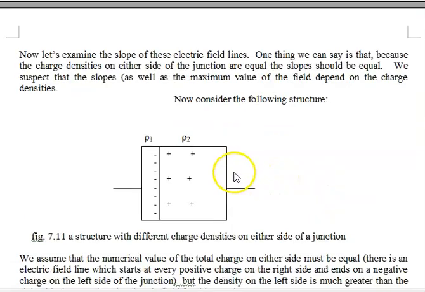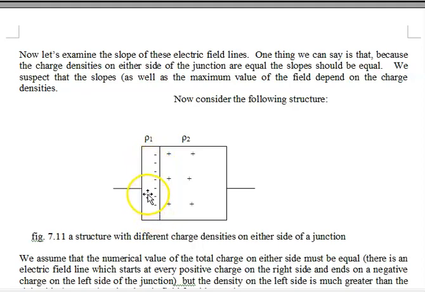Now consider the following structure. Here we have lots of negative charge, and we just reverse the signs of the charge on the left side, and we have a smaller density of charge on the right side. So here the slope of the line is going to increase very dramatically on the left because we have a very high density.